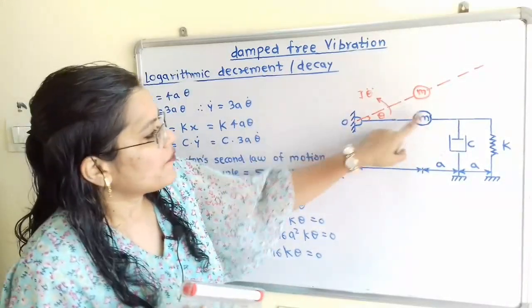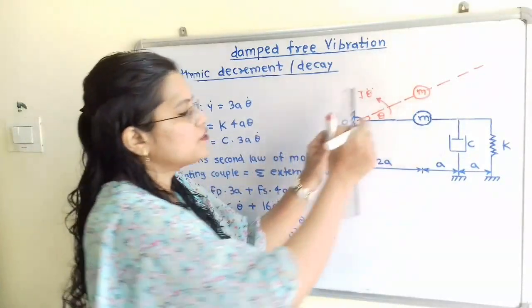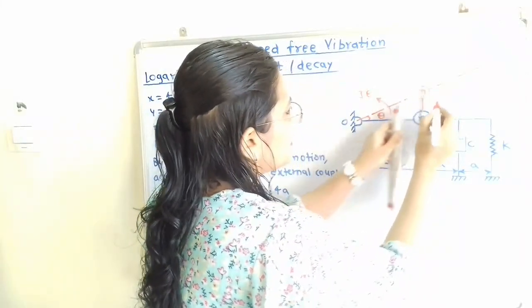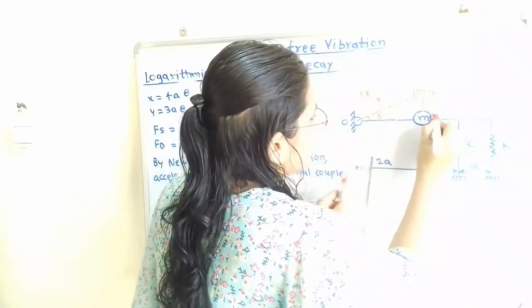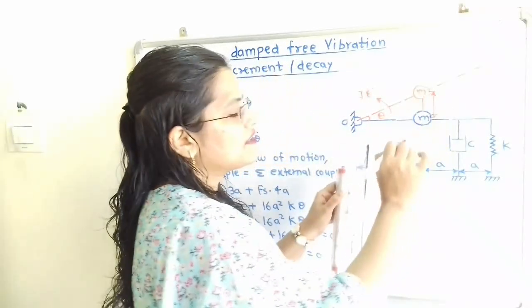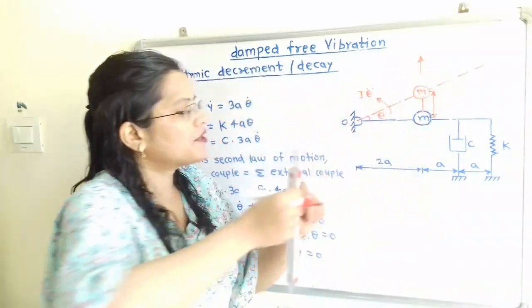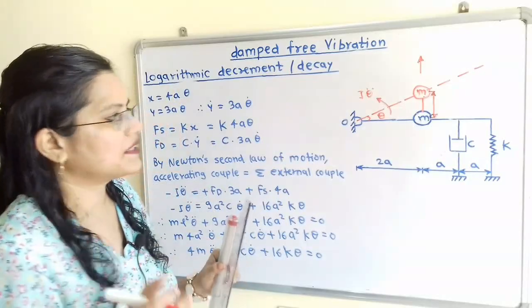Now, because of the linear displacement of this mass m, I will show the linear displacement here. What is the direction of this linear displacement of the mass m? It is in the upward direction, because this is the original position and this is the final position of the mass m.